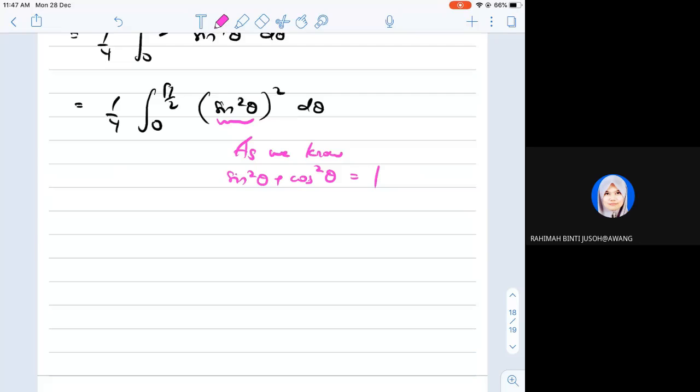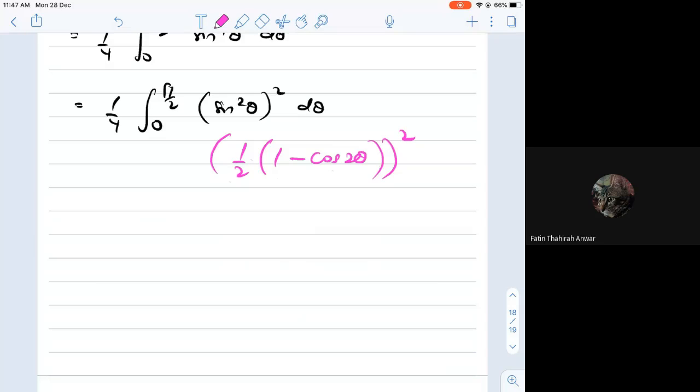Tak boleh juga guys, tak boleh. I don't think so. Kalau kita pakai ni, yang ni mungkin boleh. 1 over 2, 1 minus cos 2 theta. Macam tadi kawan yang cakap kan? So we have to square like this, isn't it? Yes. Okay, let us try.